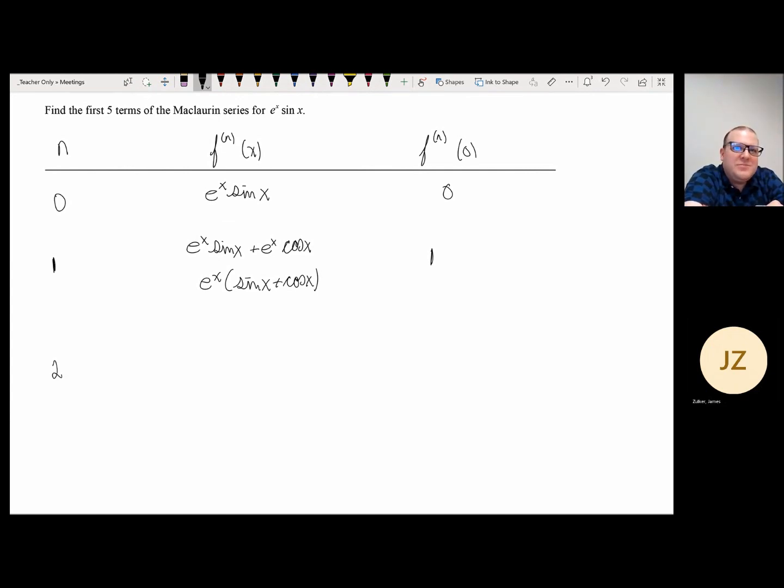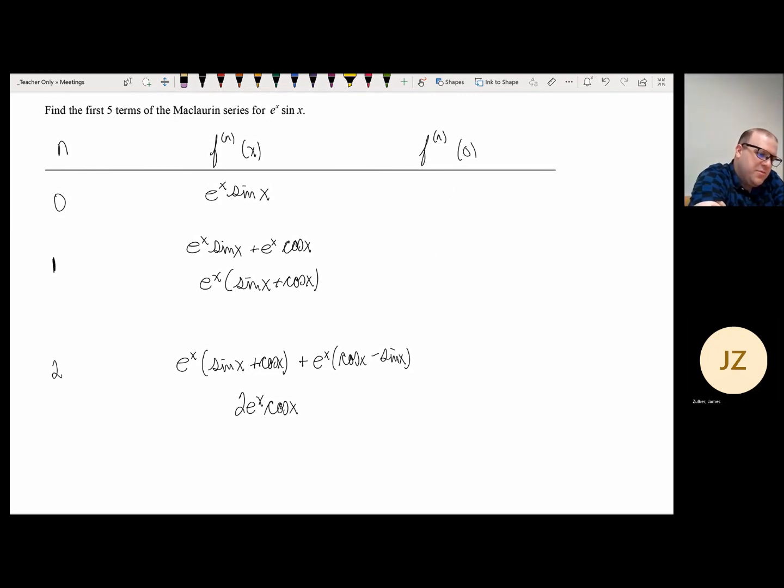Second derivative: just 2 e to the x cosine x.